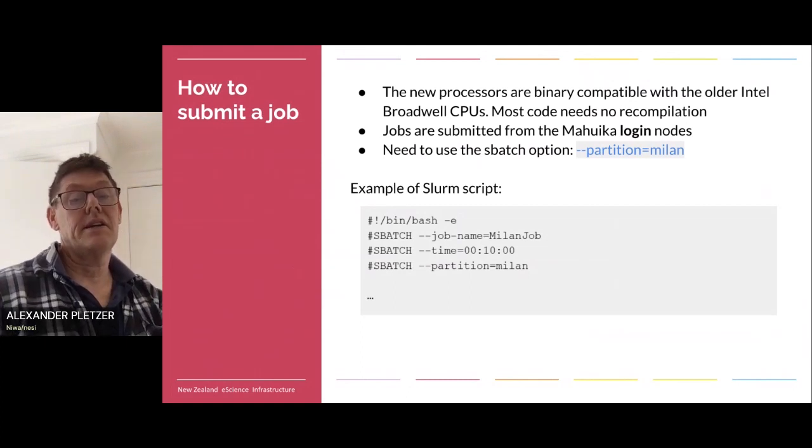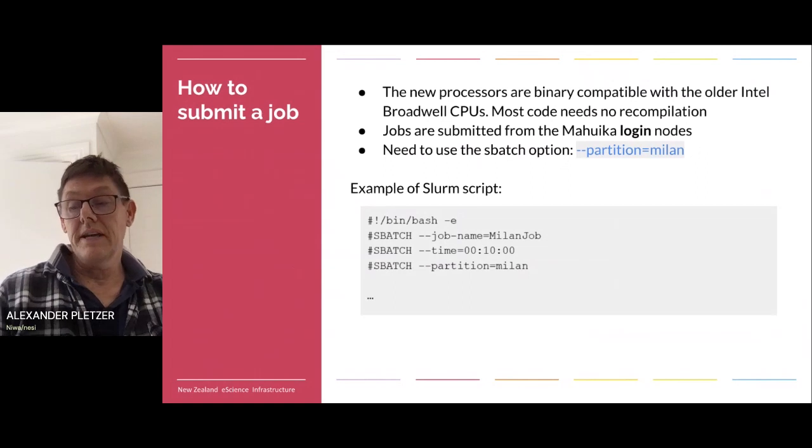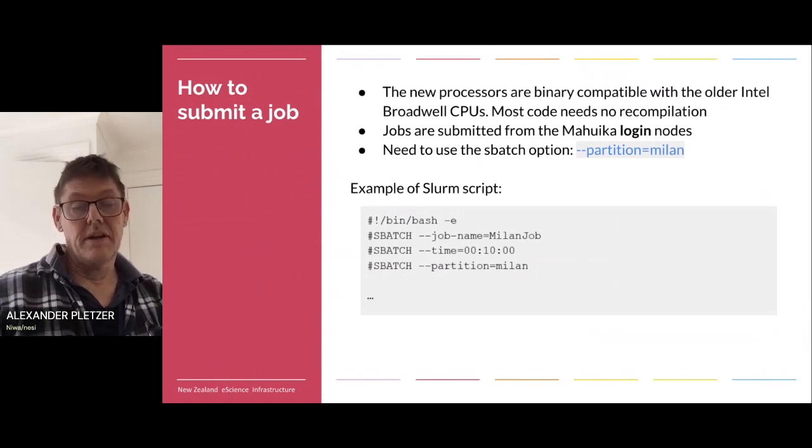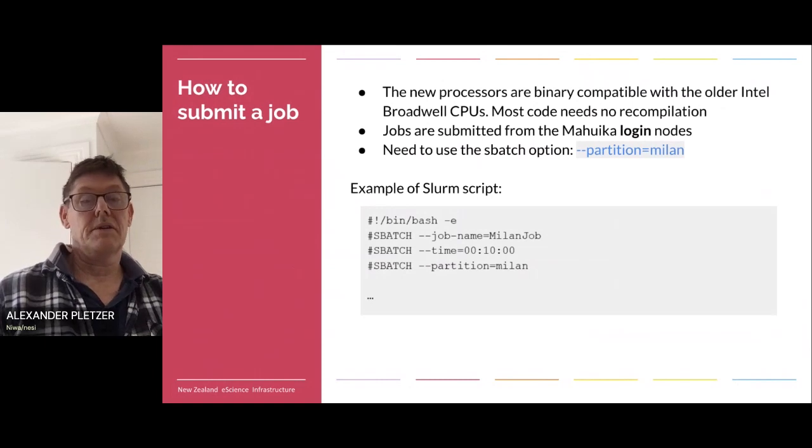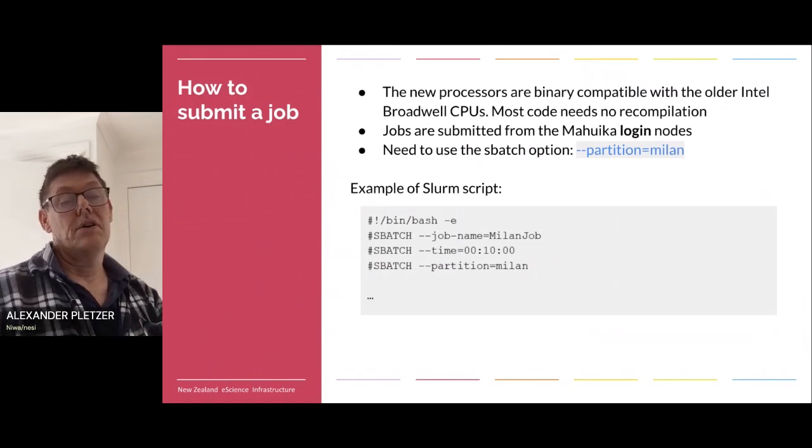That's really the only change you have to make. Typically, you won't have to recompile your code because these new AMD processors are binary compatible with Intel. So in principle, because there could be some edge cases where that recompilation might be necessary if your code relies on older libraries or something that we don't have supported on those new nodes.